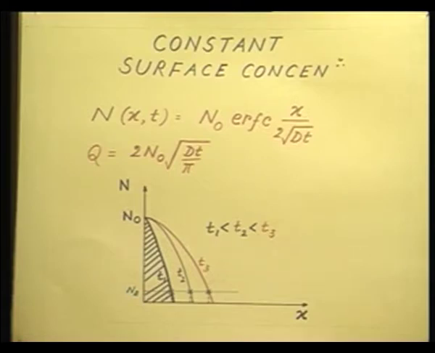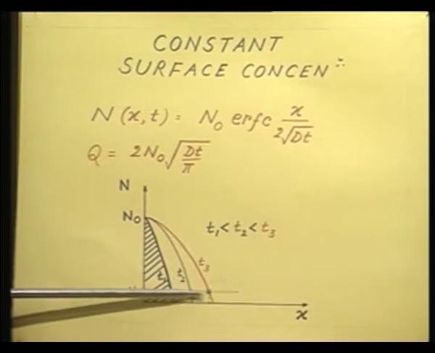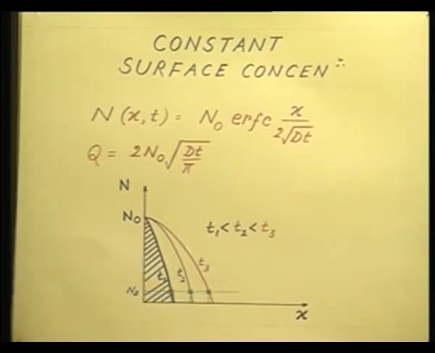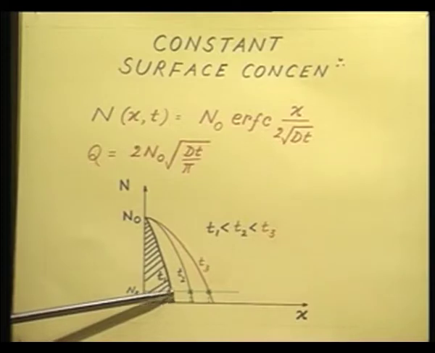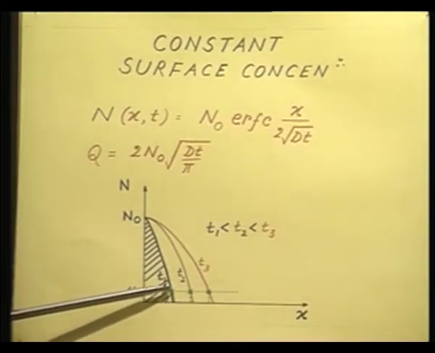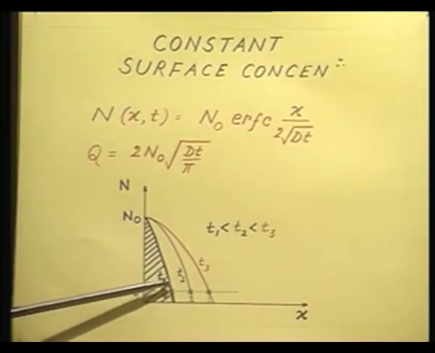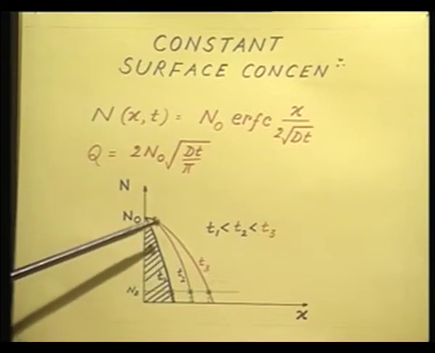Before diffusion, the substrate must have had some doping concentration. So, how do I define the junction? If the substrate had this doping concentration shown by the green line NB, a uniform doping concentration, then the point at which the complementary error function profile is going to cut it, intersect it, that is going to be my junction depth.